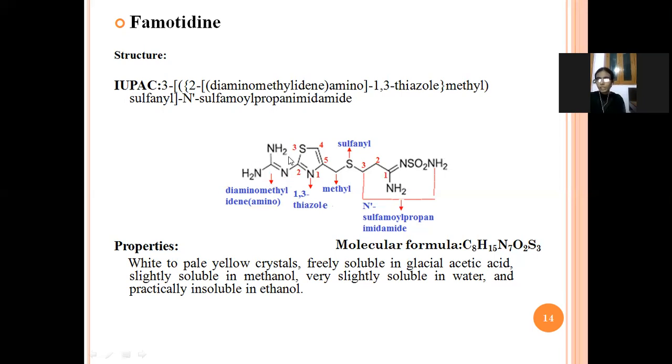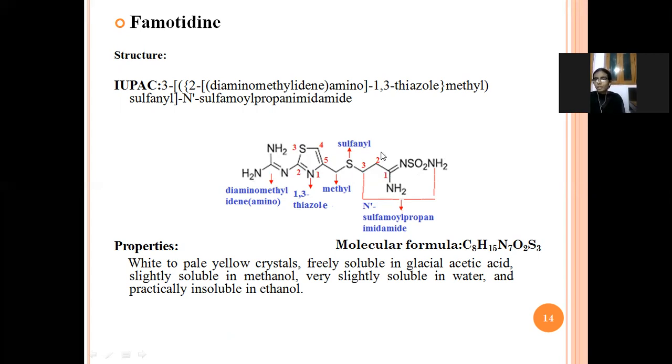So this is the diaminomethylidene amine, and here methyl sulfanyl, then 1, 2, 3, three carbon atoms means propane. So this is completely known as sulfonamide, see here, sulfamoyl propane imidamide. See here the structure: this is the 1,3 thiazole, in the second position the diaminomethyl amine, the methyl in the fifth position, and here sulfur and sulfamoyl propionamide.